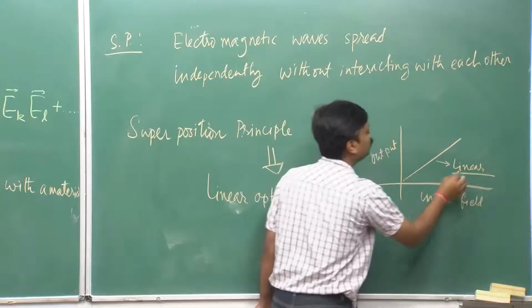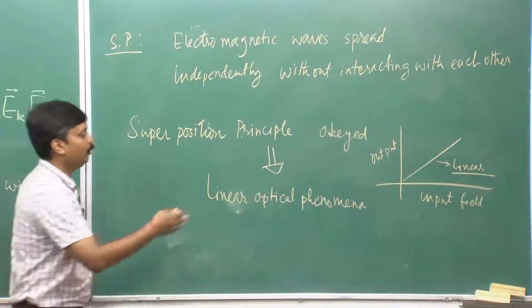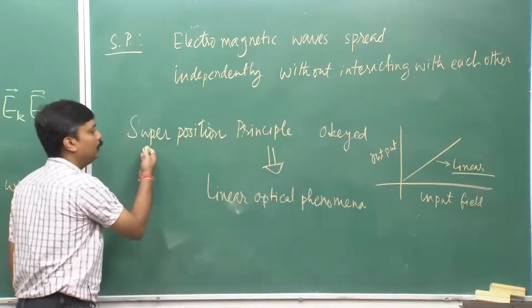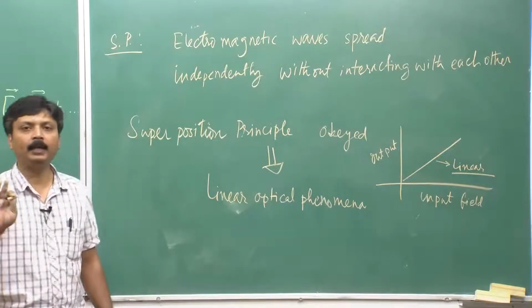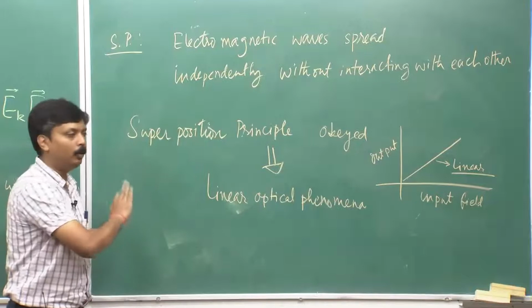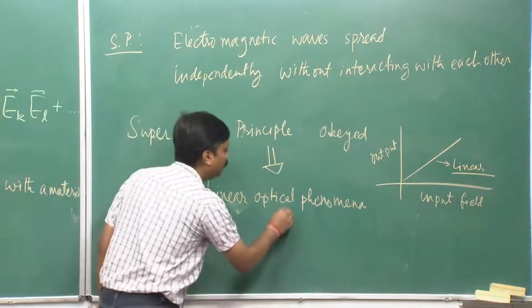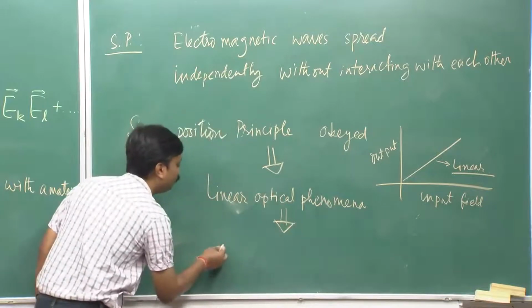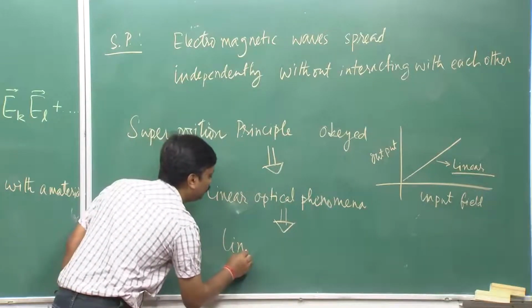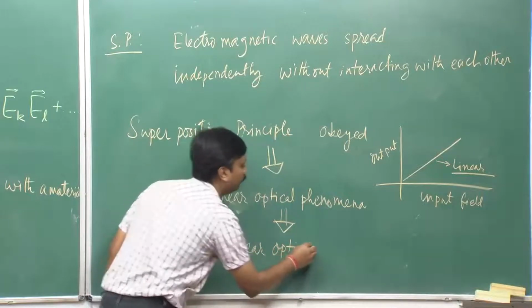So, the response will be totally linear. When the light matter interaction follows the superposition principle, we obtain all these linear optical phenomena, and we say that we are in the linear optic regime.